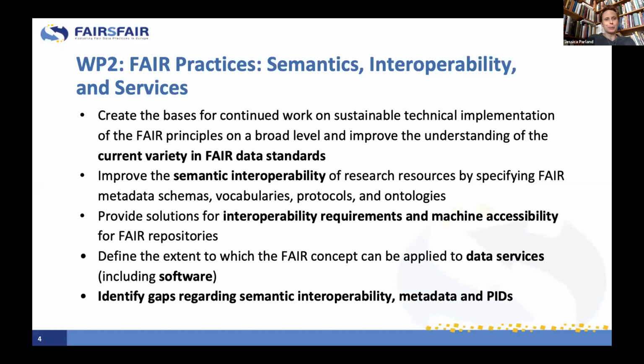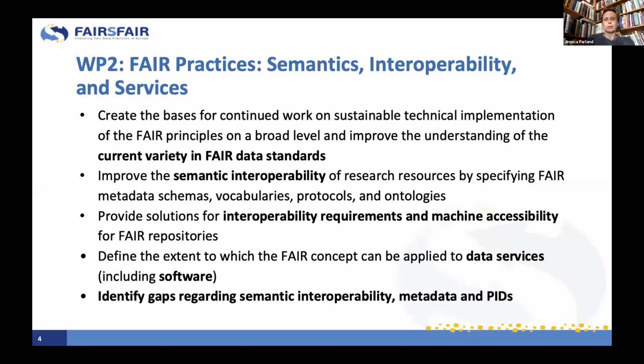Then our neighboring work package, work package 3, FAIR Data Policy and Practice, is working with policy and practice, as it says, more on the policy level. There are some landscape reports also that can be found both via the webpage and the Zenodo community. And especially important for us is work package 4, which is working with certification, assessing and evaluation of FAIR repositories and datasets.